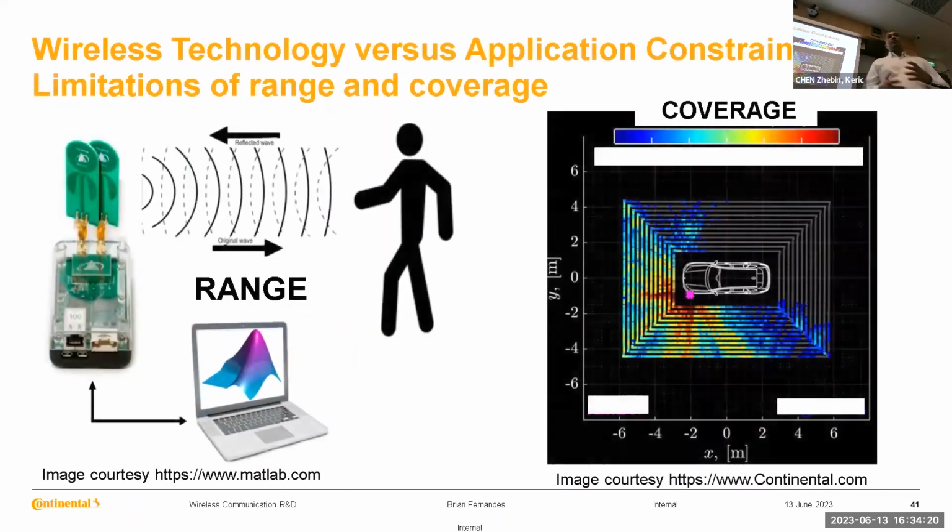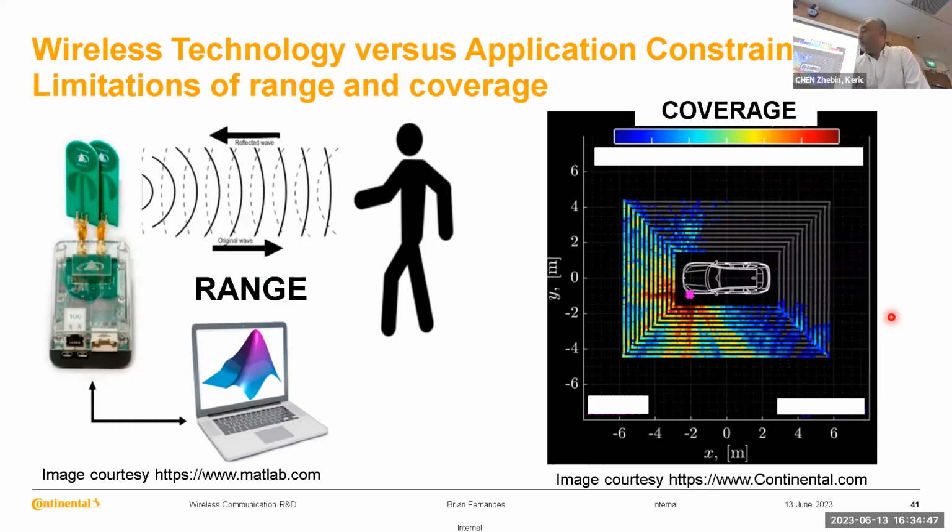Similarly, we have limitations in terms of application for wireless, in terms of range, and also in terms of coverage. Now, for example, in terms of range as well, as we saw before, we could have range differences in different angles, but we could also have range differences due to the use of different devices, different orientations of the device in the vehicle. So we have to be very careful about what kind of range we are getting, what kind of function, using what kind of wireless technology.